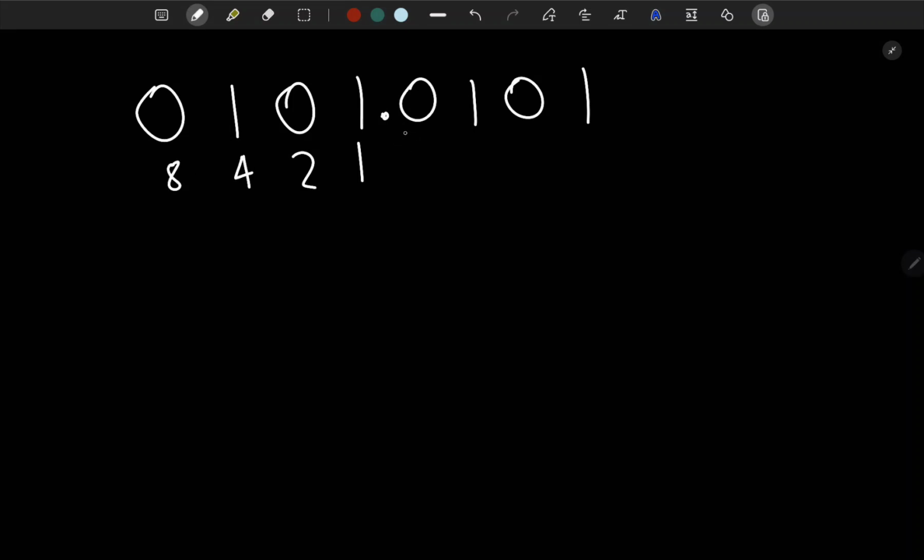And for the right hand side, after the dot, we start with 1 over 2, 1 over 4, 1 over 8, and 1 over 16. So it is basically the same thing, but we always start with 2, not 1, and it is 1 over 2, 1 over 4.